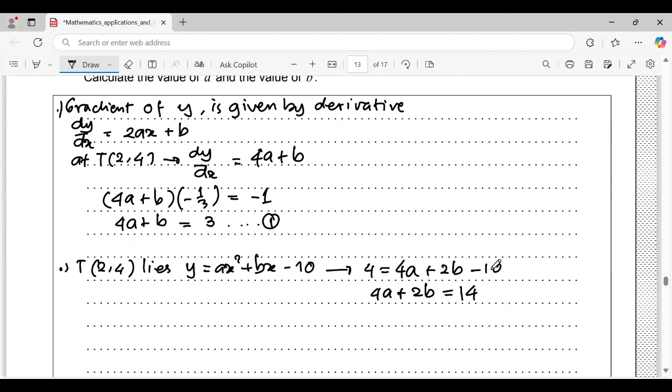Yeah, because 10 plus 4. If divided by 2, it's going to be 2a plus b equals 7. This is the second equation.